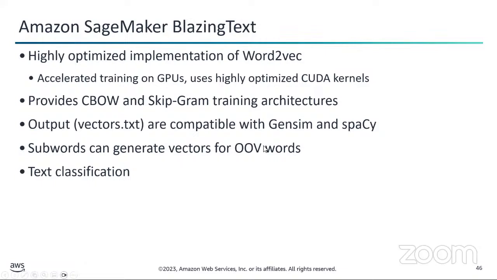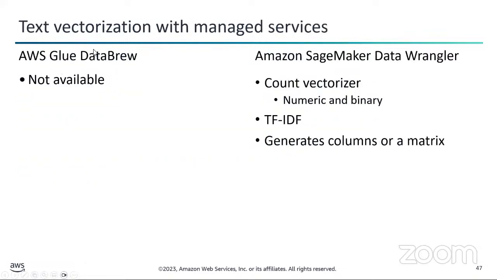Subwords can generate vectors for out of vocabulary words and be used for classification also. Now, these are some advanced techniques, of course, but these are the basis of NLP.